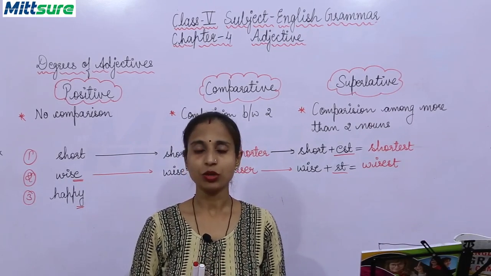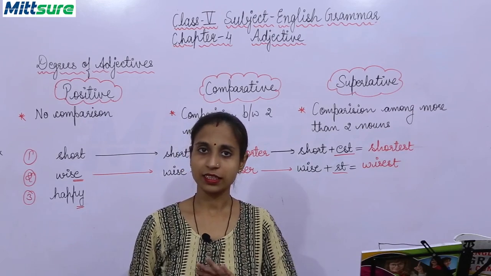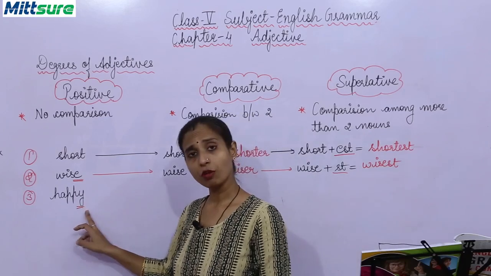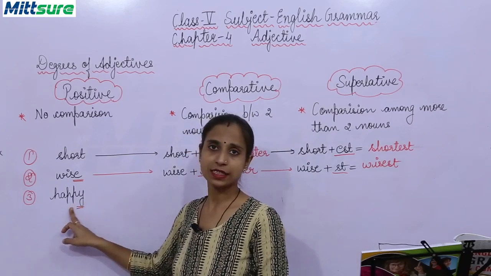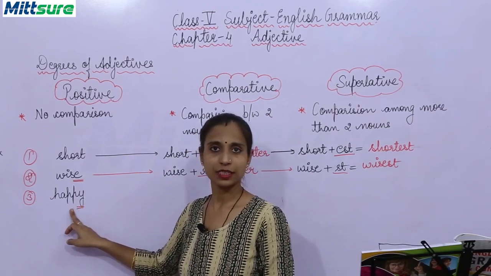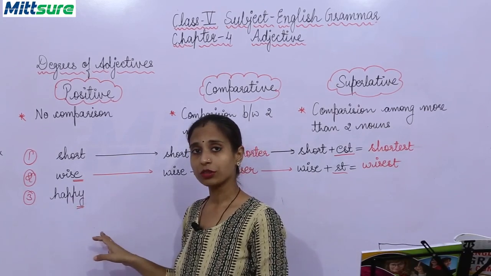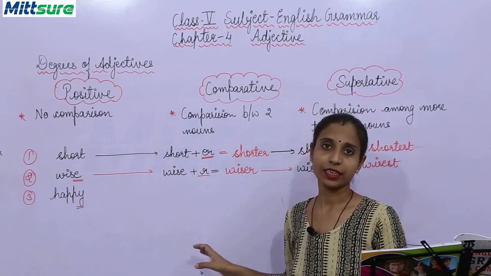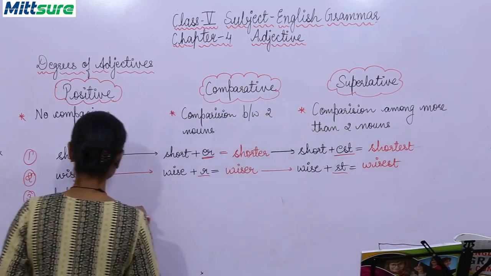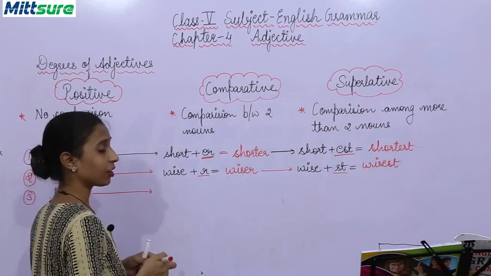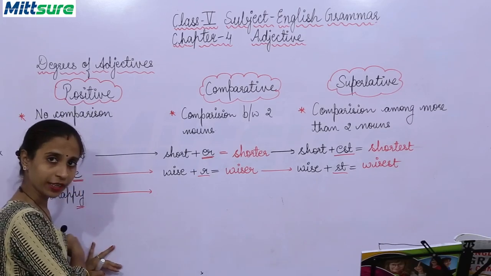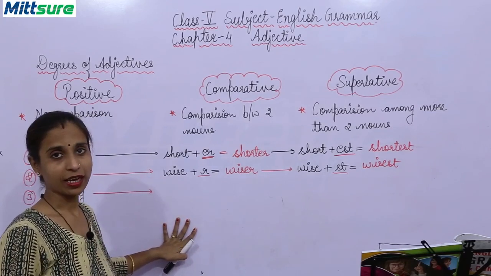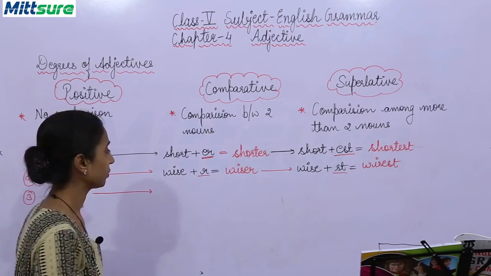A, E, I, O, U are the vowels; the rest of the alphabets are consonants, right? Now, if before y a consonant is coming, then how are we going to change this positive degree into the comparative degree? We are going to remove y and add ier.